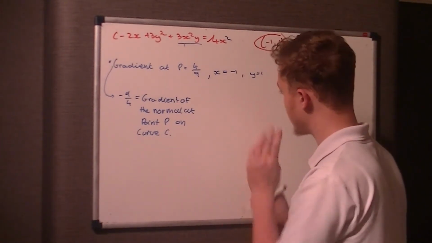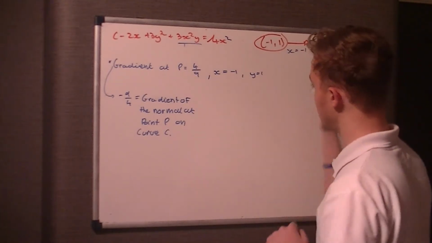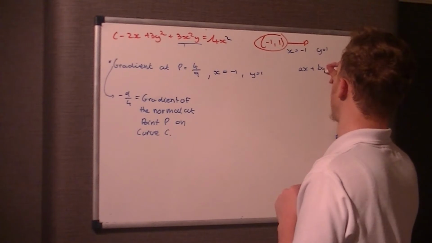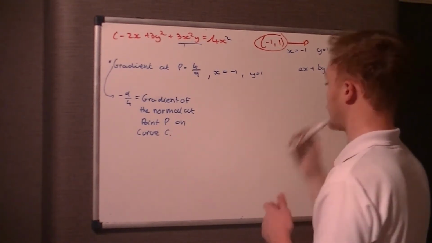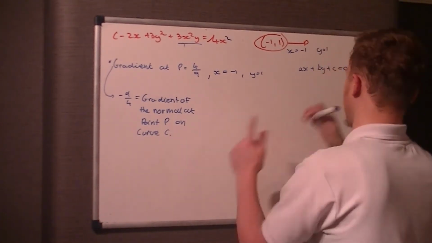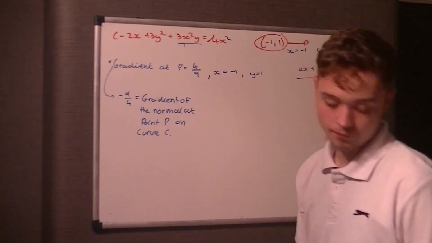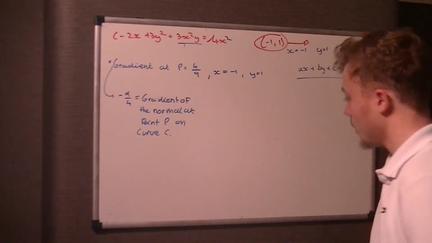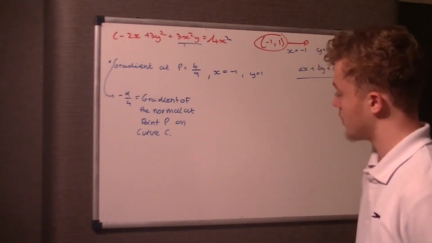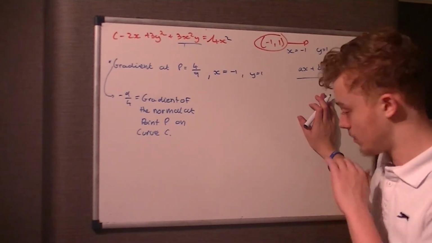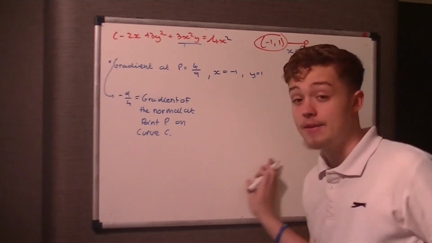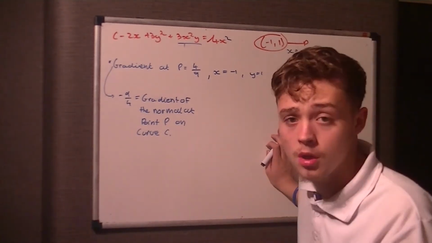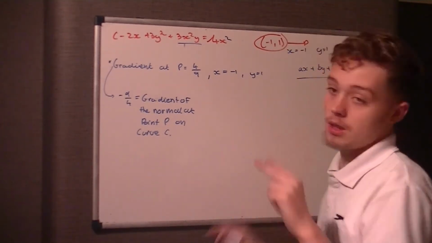However, before we do that, we need to remind ourselves, it's asking us to put it in the form ax plus by plus c equals 0. Now obviously that might be take away c, but that's just the format you want it in. If you've got a gradient that's say 3 or 4, that should be ringing an alarm bell straight away.